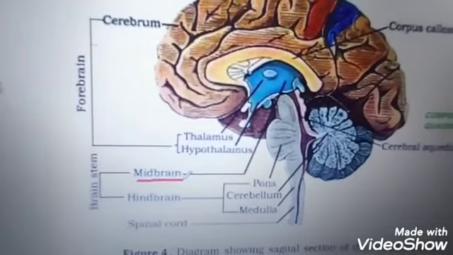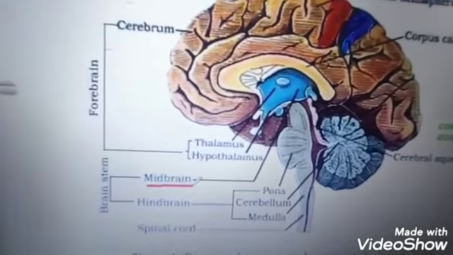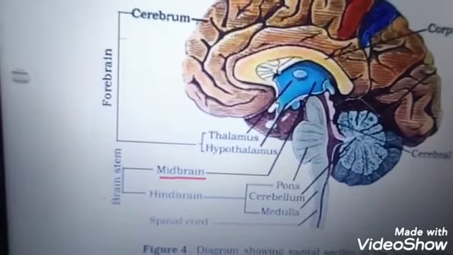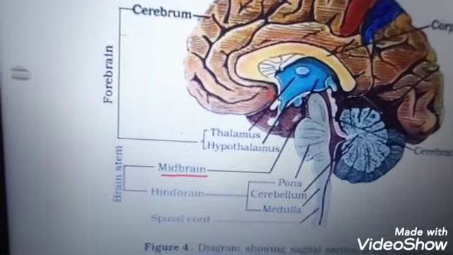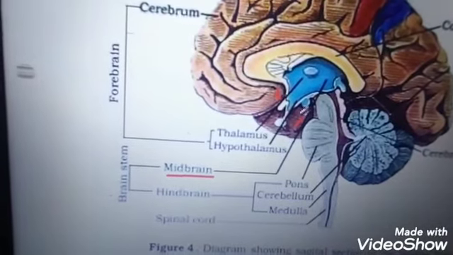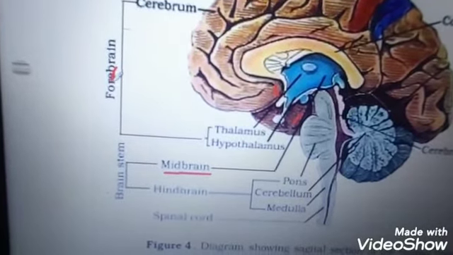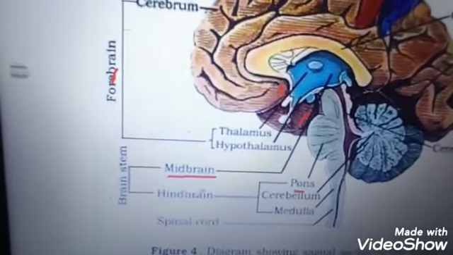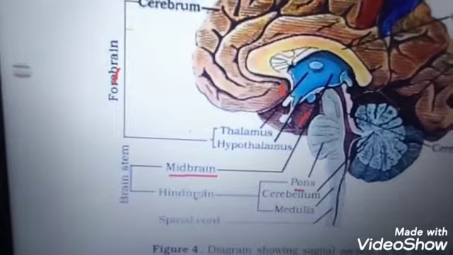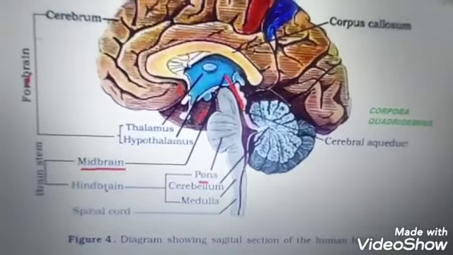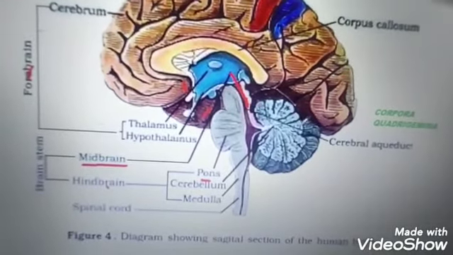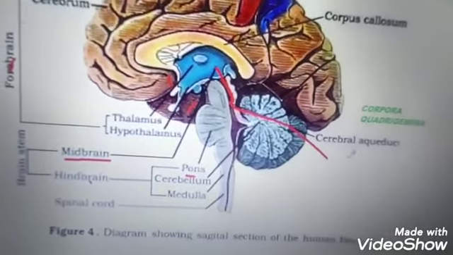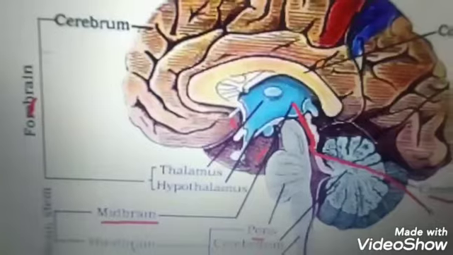Now let's study the midbrain. The midbrain is located between the thalamus and the hypothalamus of the forebrain and the pons of the hind brain. The canal which passes through the midbrain is called cerebral aqueduct.